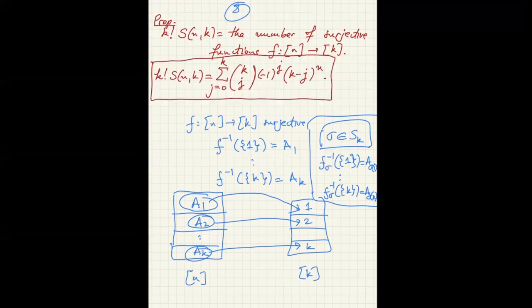Okay, now let's prove a couple more things about these Stirling numbers. The first proposition is similar to the recurrence relation that we had before.